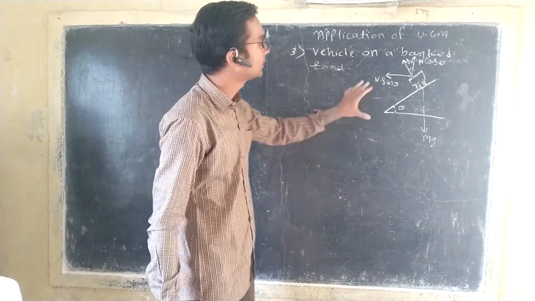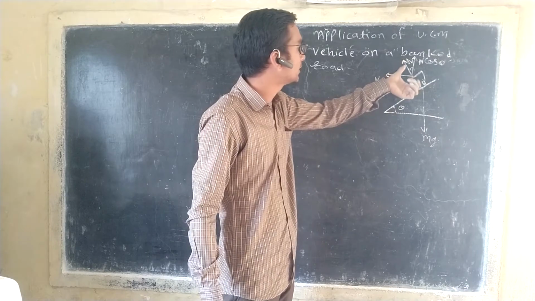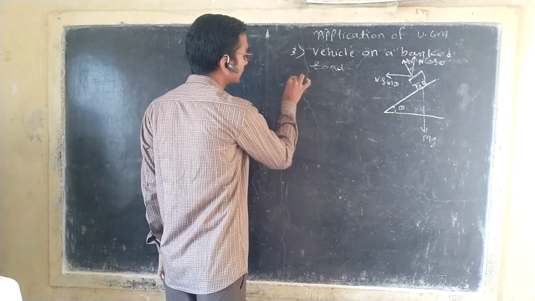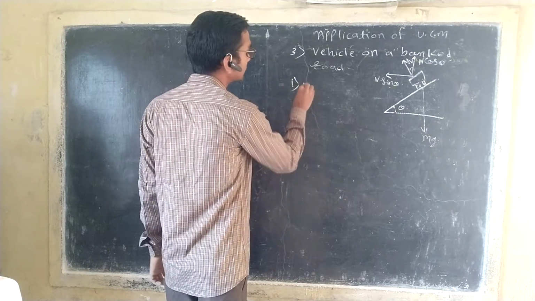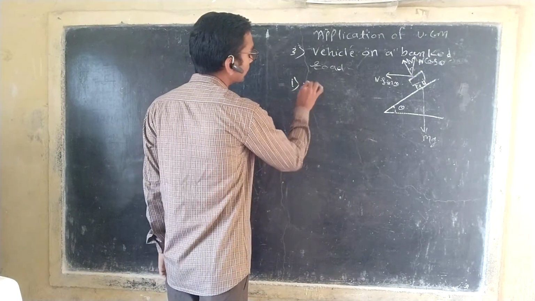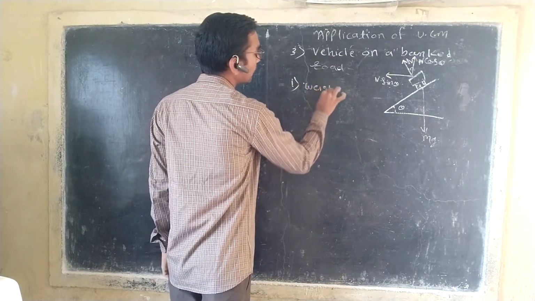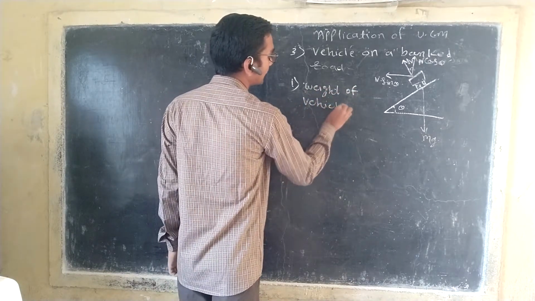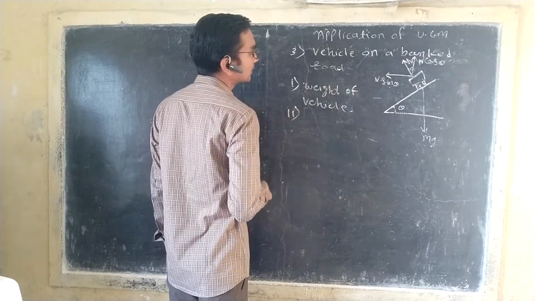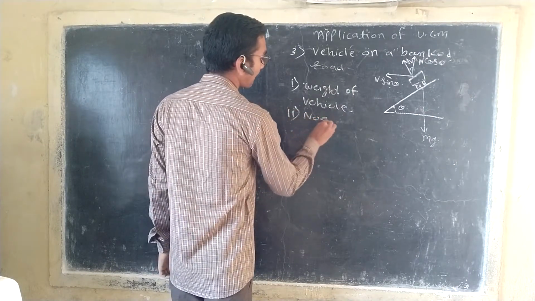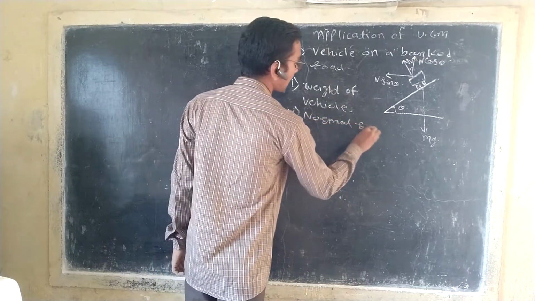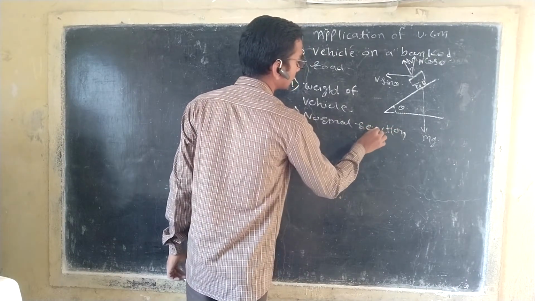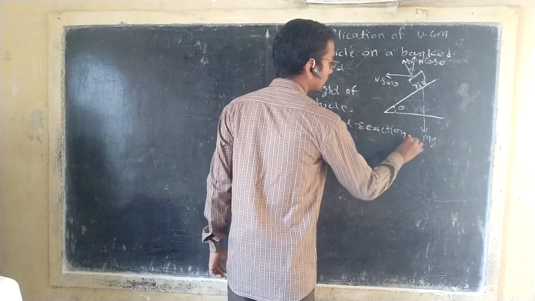But before that, we will write the forces acting on the vehicle. There are two forces acting on the vehicle. First is the weight of the vehicle, and second is the normal reaction n.